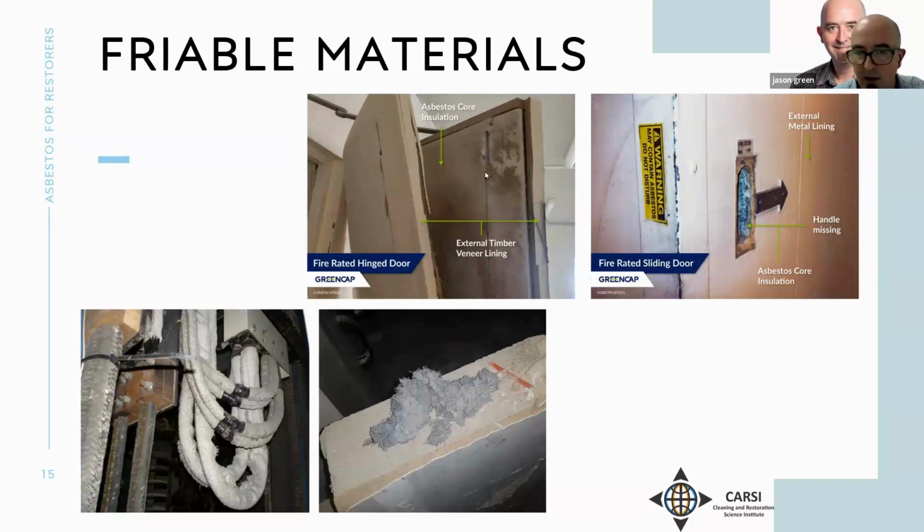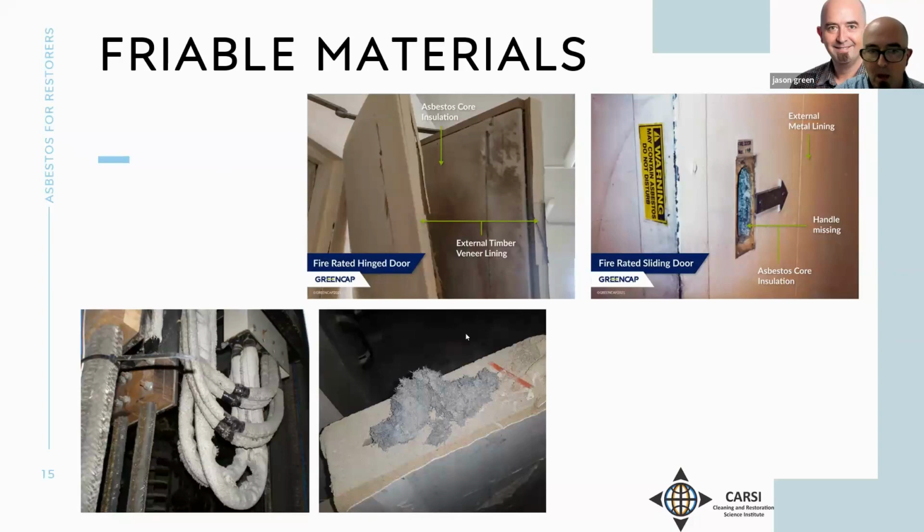You can see the inside core lining and outside timber lining, and the inside is essentially a friable core material, which you can see at the exposed handle. It's very common to find asbestos fire-rated doors in older buildings, and as they're refurbished over the years, those fire doors can be replaced with asbestos-free fire doors.